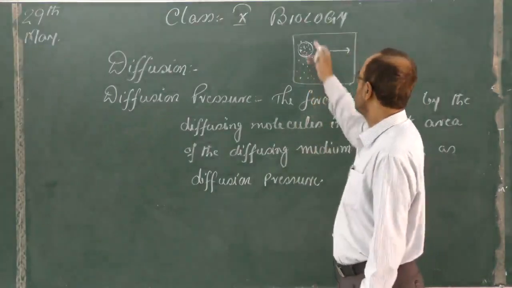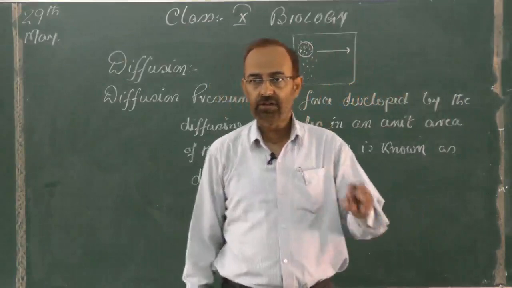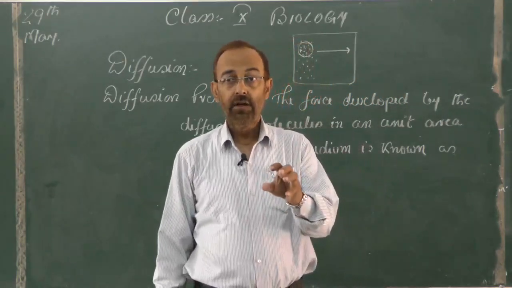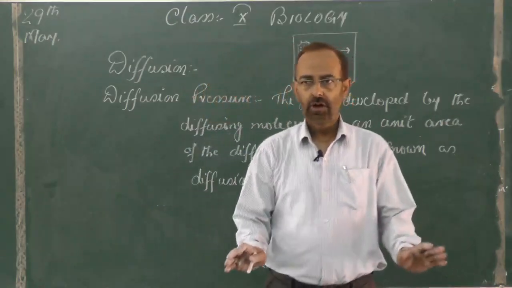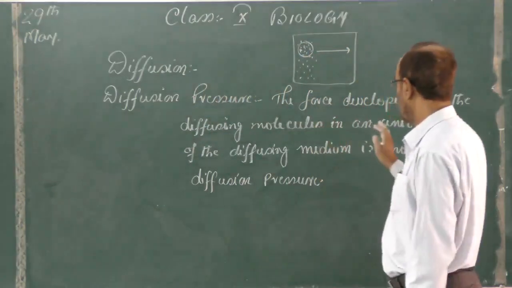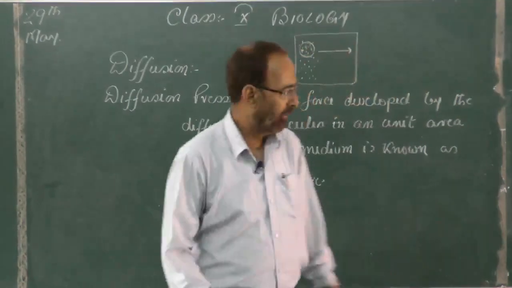And if we consider the force acting on unit area of the diffusing medium by the diffusing particles or molecules, it will be known as diffusion pressure. Understood? So diffusion pressure is the force developed by the diffusing molecules in unit area of the diffusing medium.